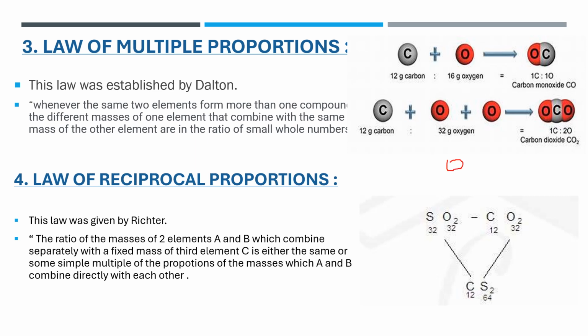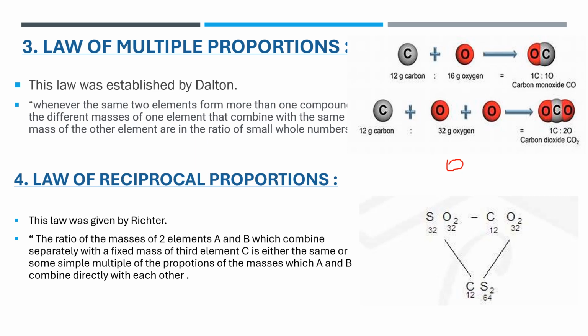Here, element A and element B have their own masses, here 64, you have to correct it. Then the third element is again oxygen, or you can take some other element, with its own mass of 32 gram.